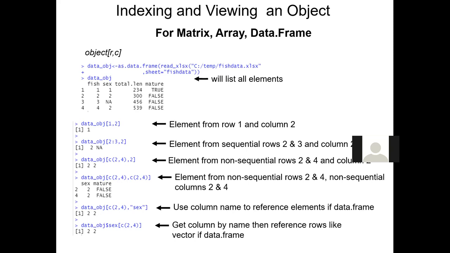Another way of showing the elements for particular rows is, if you looked at the last example, if you type the data object name followed by a $ and a column name, you can actually access the elements within that column using just the simple notation without the commas designating rows or columns.